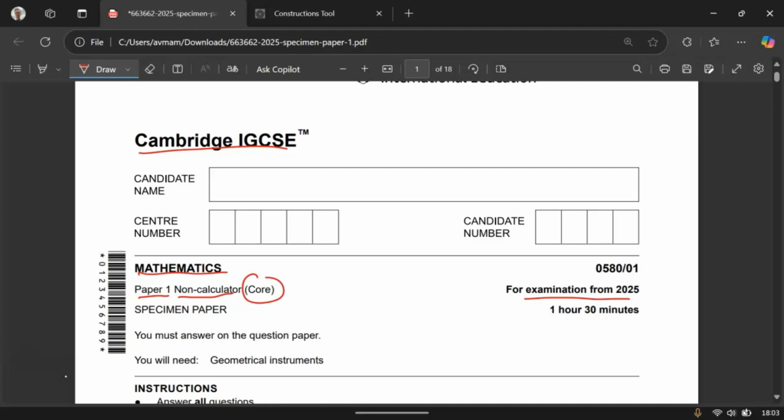And if you are in grade 9 or year 10, you should be able to work out almost 85 to 95% of the questions given in this specimen paper. Okay, so let us start.